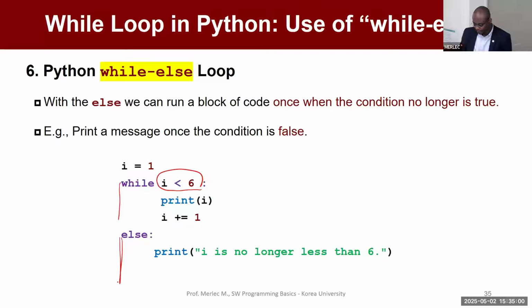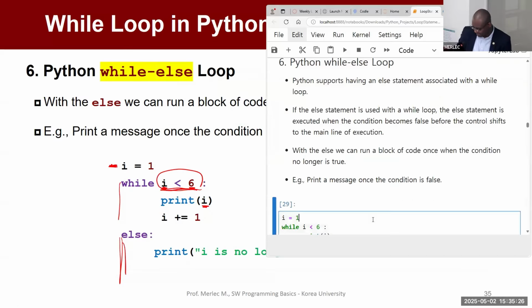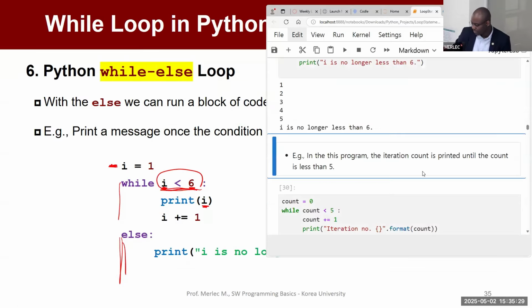Like in this case, we initialize a variable i at 1, then while i is less than 6, we will be printing the value of i and then increment it to go to the next iteration. So when this condition is not verified, we will go to else and then print i is no longer less than 6. Okay, this is quite reasonable.